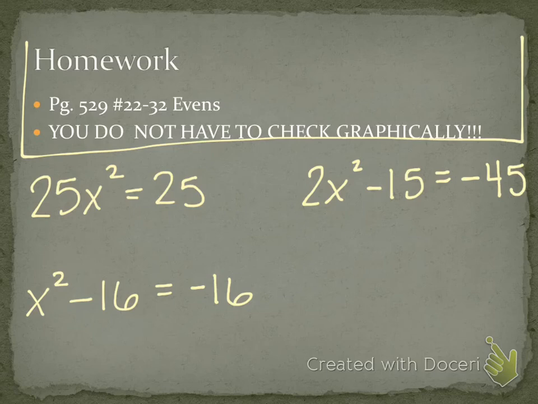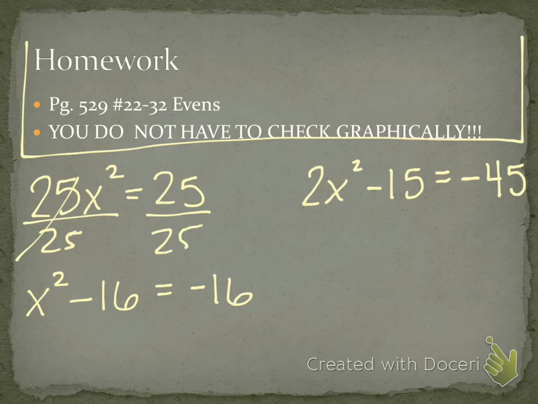Okay, so let's solve these. Tell me what you did first, Kyle, on this first problem. I divide by 25. Perfect. And I know that because 25 times x squared, so the opposite of that is division.